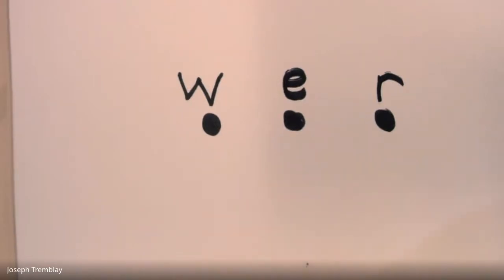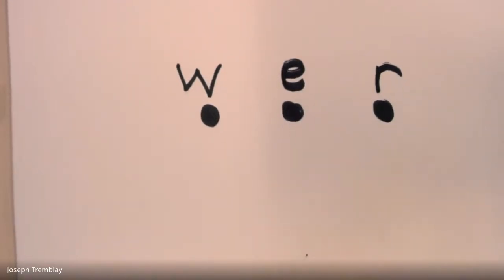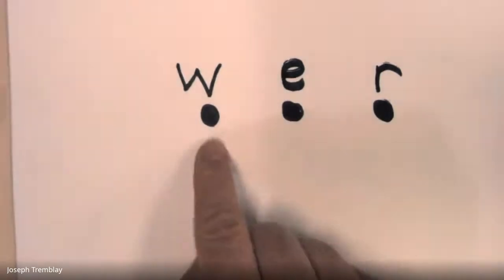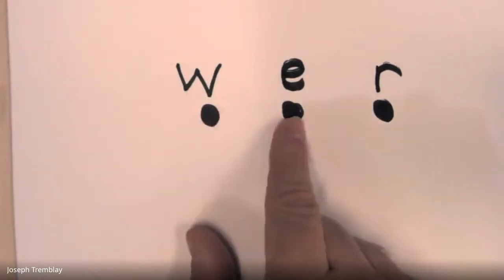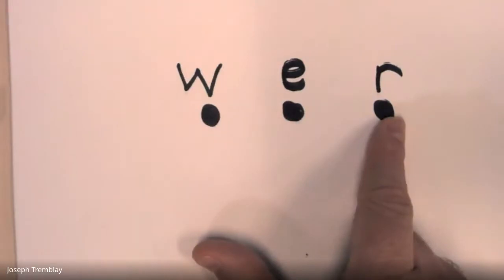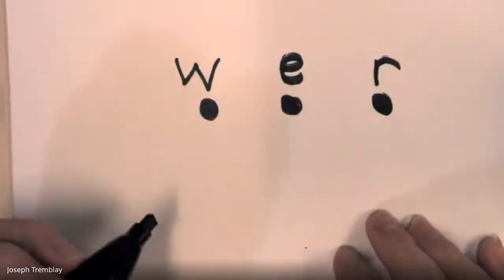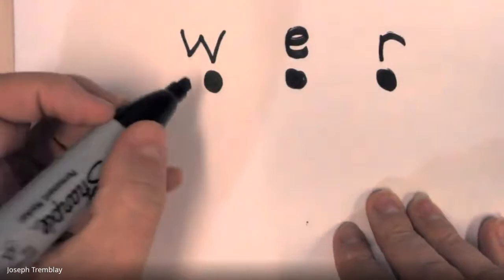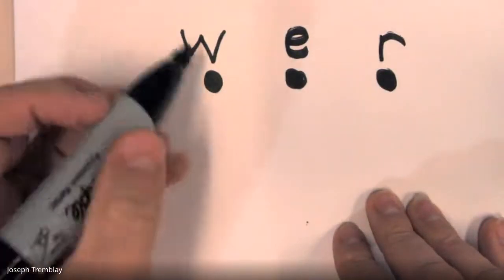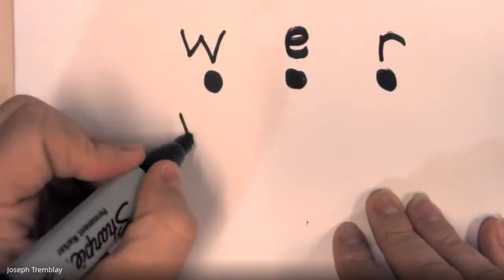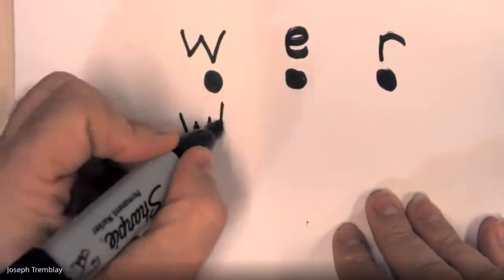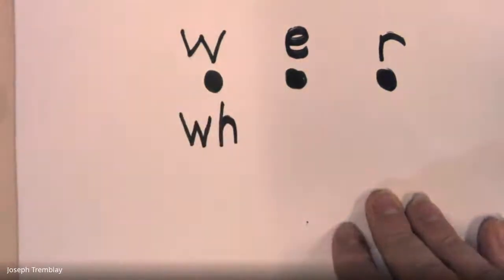Now, that's not really how that word's spelled, but if we were to look at this, we would be able to sound it out. Where, right? But that's not how the word is actually spelled. So, how is the word really spelled? Well, sometimes the W can be a consonant blend where we have WH.